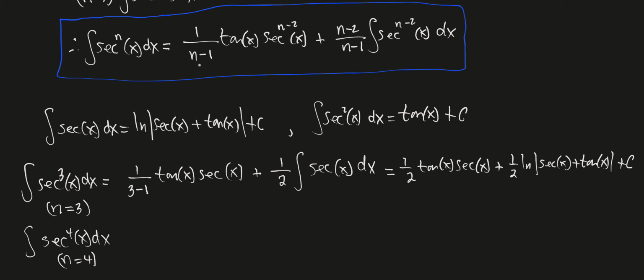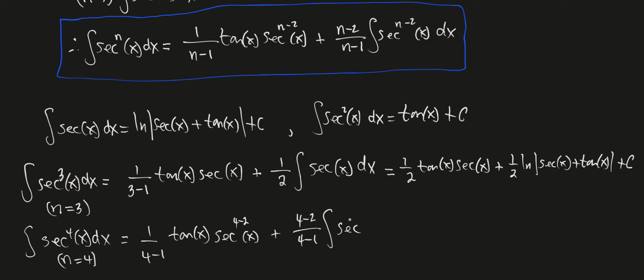Right? So I'm going to go back to my reduction of order formula, and wherever there is an n, now replace it with 4. So we're going to have 1 over 4 minus 1 times the tangent of x times secant to the 4 minus 2 plus 4 minus 2 over 4 minus 1 times the integral of now secant.